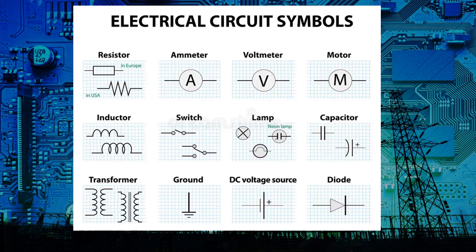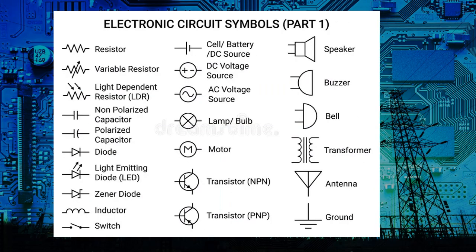These are some of the common symbols used in circuit diagrams and schematics. The reason why I put a lot of symbols here is because in some texts they use other symbols. It's the same component, but they're using other symbols.